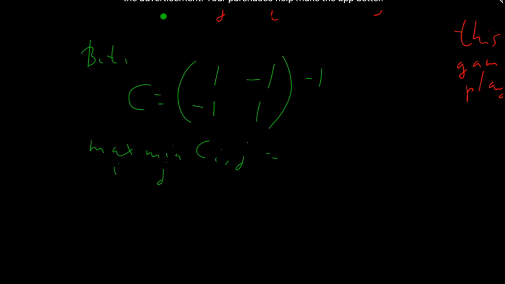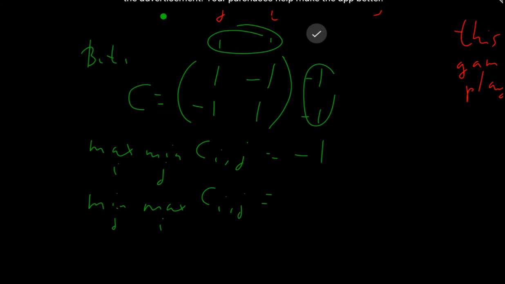This is -1 and this is -1, and the maximum of these values is -1. While for the minimum of the maximum of c_ij, the maximum of each row is 1 here and 1 there, and the minimum of these two is 1. Now these two are not the same.